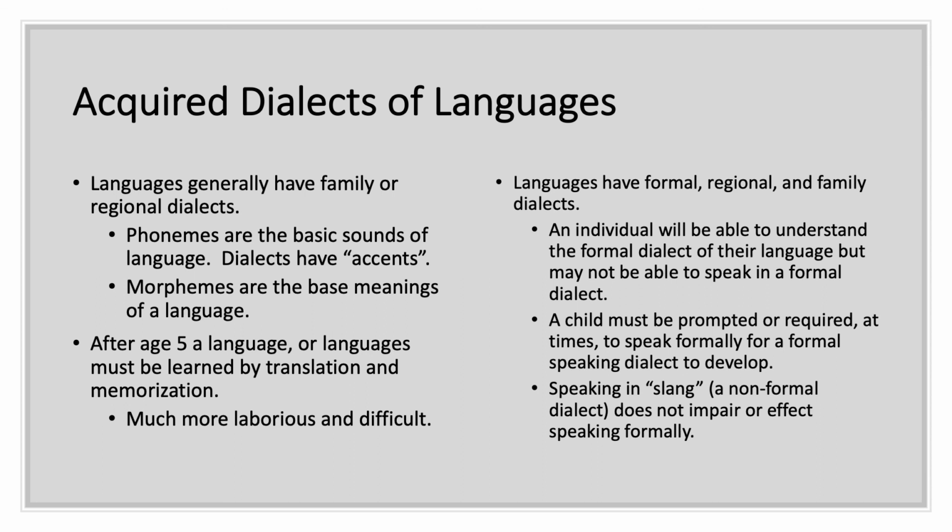So if you look at what dialects are, they're made up of phonemes, which are the basic sounds of a language. This gives you your accent, and it's your repertoire of sounds for a given language. We have a variety of phonemes when we're babbling as very young children that we're going to lose later on, because you're going to prune off the unnecessary phonemes.